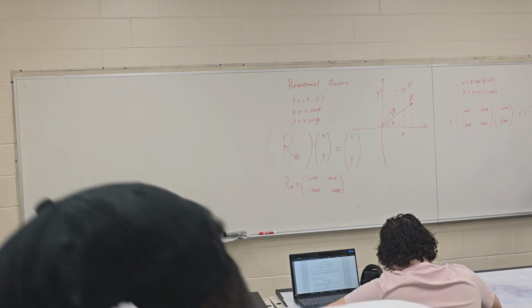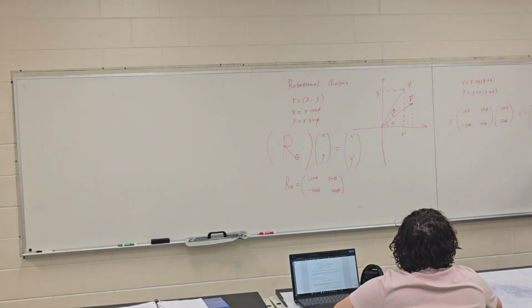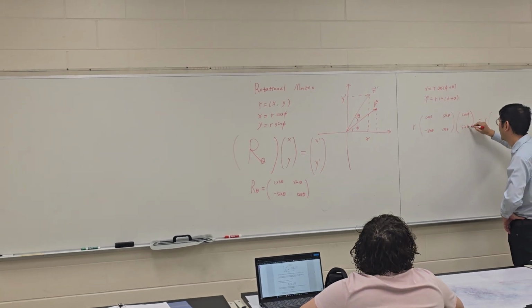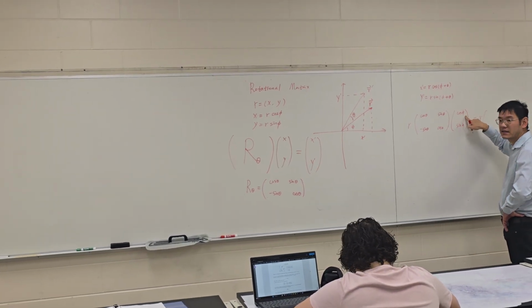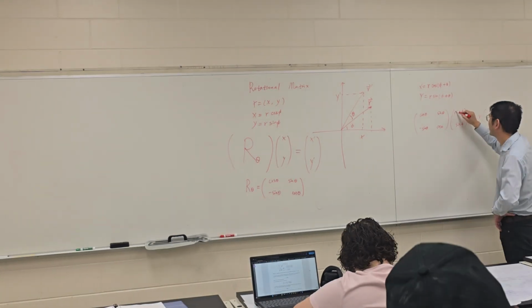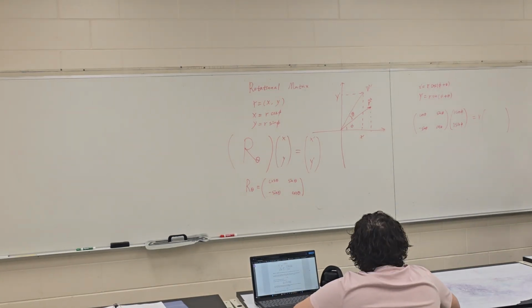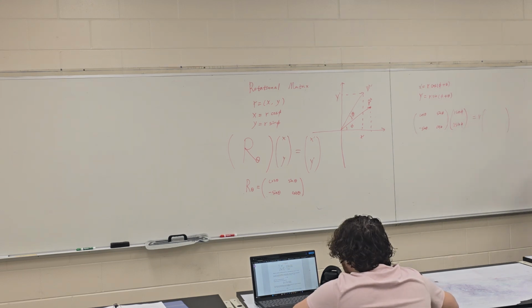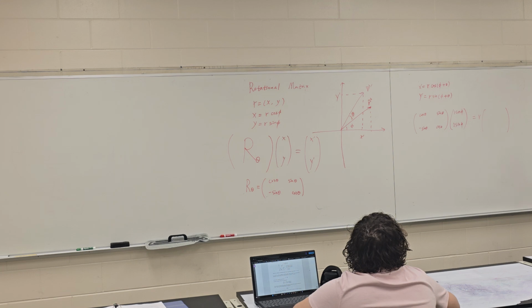The first row, sorry, I made some mistake. This is phi, right? This is my x, and this is y. Right? Okay, and then work it out.